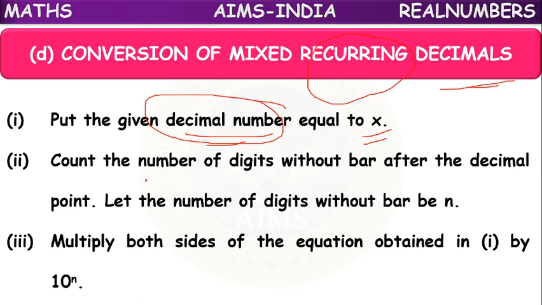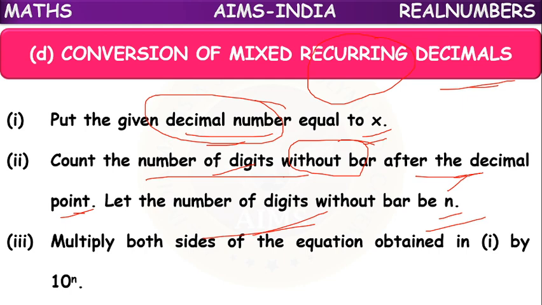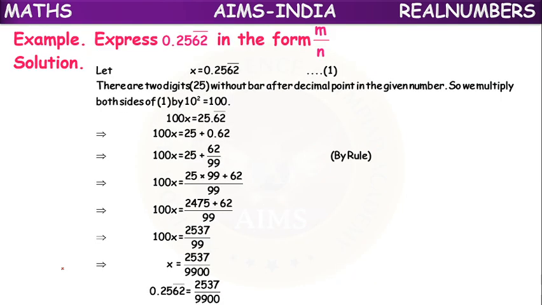Then we have to count the number of digits without a bar, which are not recurring, after the decimal point, that is, to the right hand side of the decimal point. Let us take that number without bar as n. Now multiply both sides of the equation by 10 power n. The remaining process will be the same.